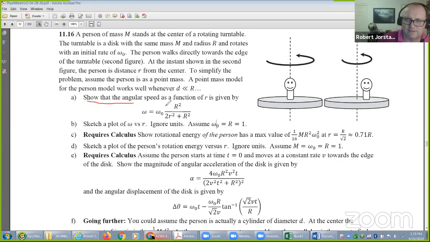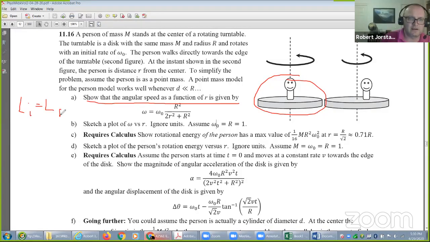I see this question and I know you may not see this, but I see an object that's rotating and it changes shape. I think figure skater bringing their arms out. This is a weird figure skater where it's a turntable and a person, but it's basically a rotating body whose mass distribution is changing. So I think immediately L initial equals L final.